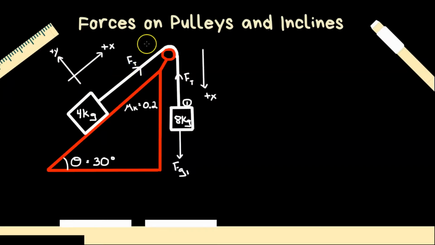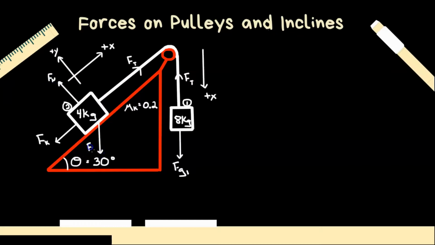So if we're considering this entire system, then those will be internal forces that won't really matter. Then if it's sliding up the ramp, we will have some kinetic friction opposing that motion. So let's call this Fk, and this will be block 2. It will have a normal force perpendicular to that surface, Fn, and it will have gravity going straight down.